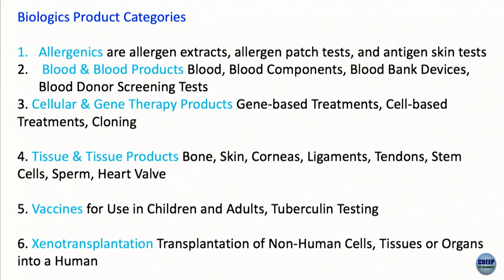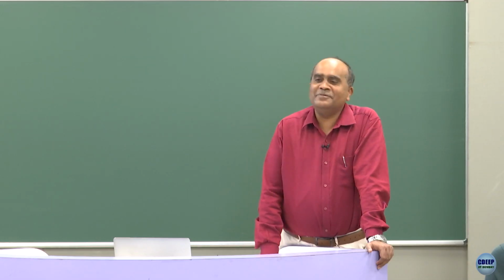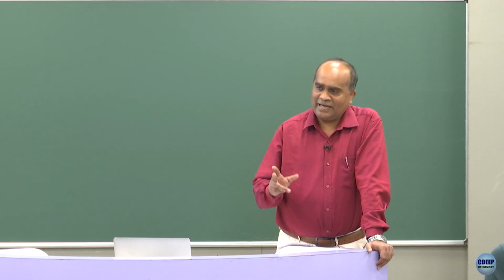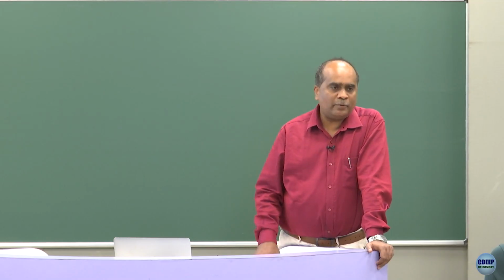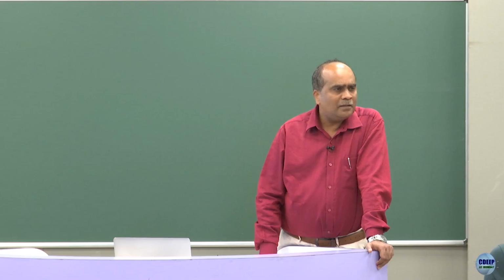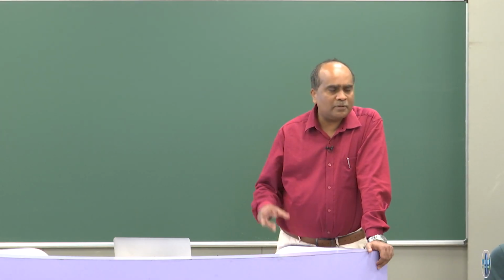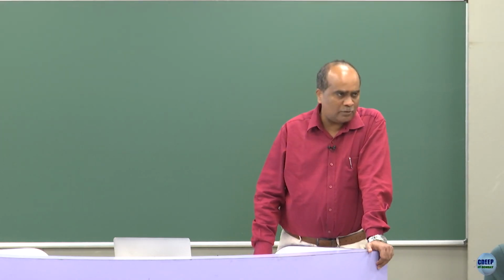Now, another biological product is cell and gene therapy. Details will come as we move on, but gene therapy is gene based treatment. Can you give an example of gene based treatment? Very nice. Recently one drug got approved using the gene editing technique CRISPR-Cas9. If you follow the science, Jennifer Doudna developed it and she got the Nobel Prize for gene editing technology.